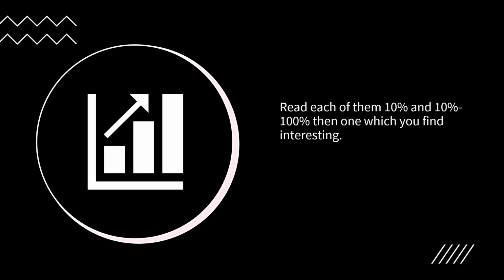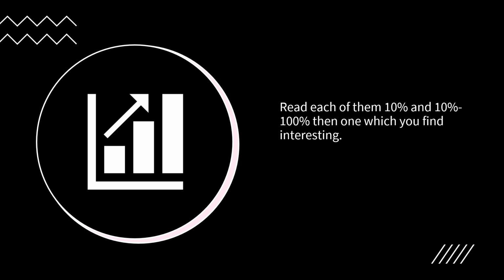Now read every paper 10%. Like you read the paper in a way that you get the understanding of the paper at least 10%, right? And also from those 5 papers, there will be some paper that you will find interesting.